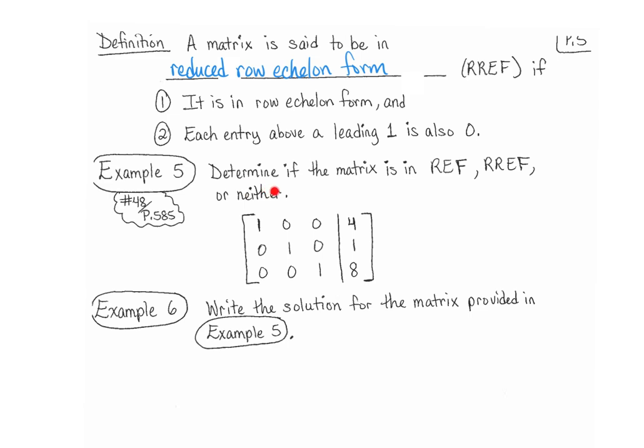So, example 5. Determine if the matrix is in row echelon form, reduced row echelon form, or neither. This is a what kind of matrix? Augmented matrix, yes.